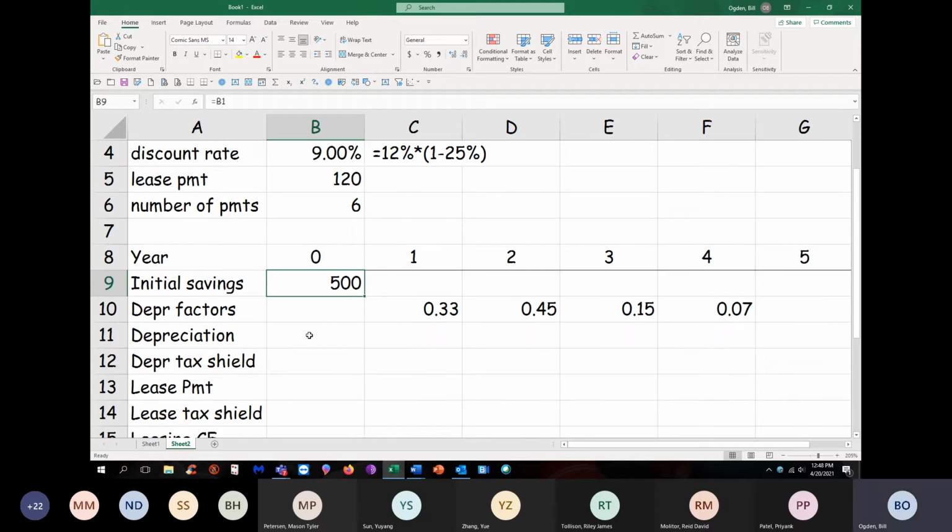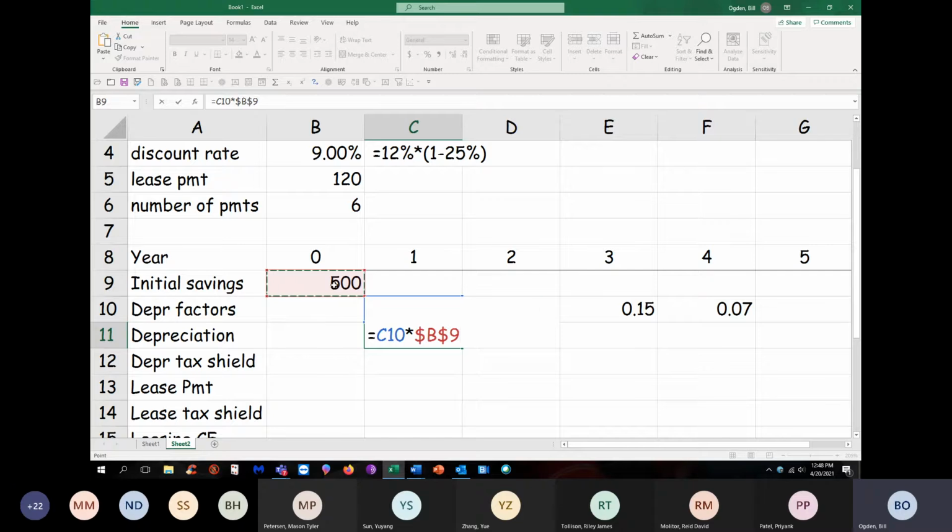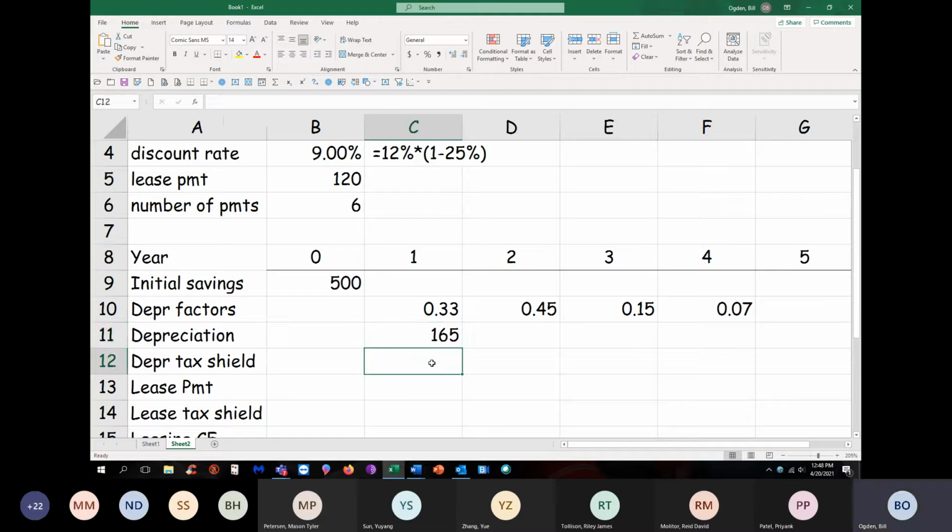So they become what's called an opportunity cost of leasing. We'll calculate the depreciation, which equals 33% the first year times the value of the asset, and we'll lock that. Then the depreciation tax shield is just equal to the tax rate times depreciation. You might recall from chapter 6, we had revenues minus costs times 1 minus T plus T times depreciation.